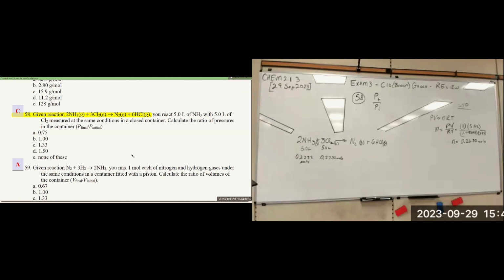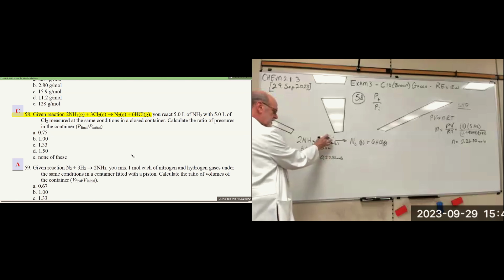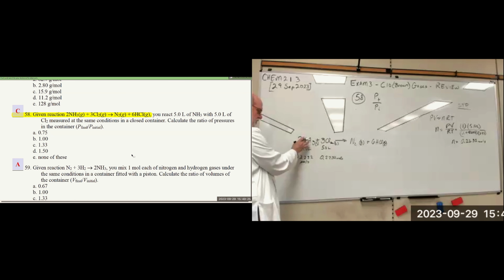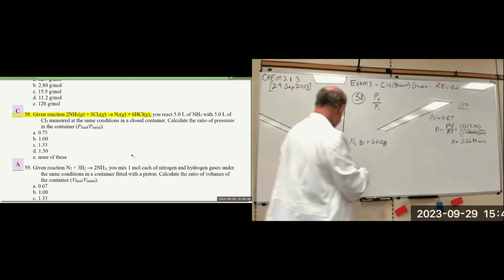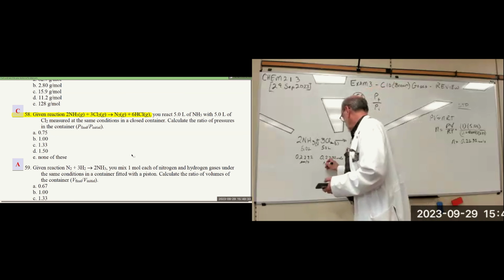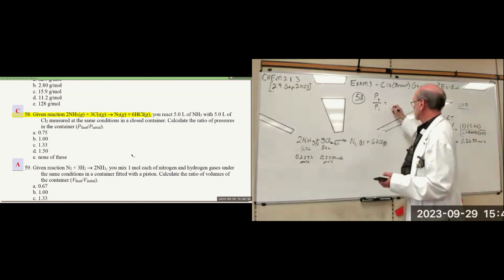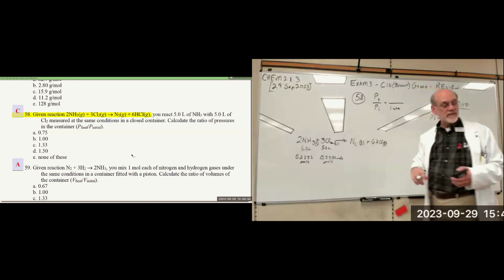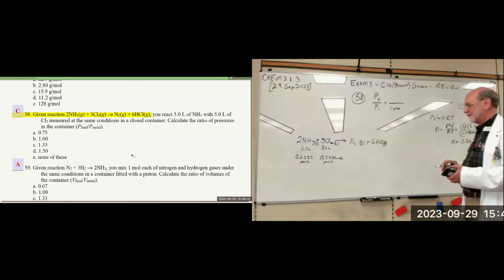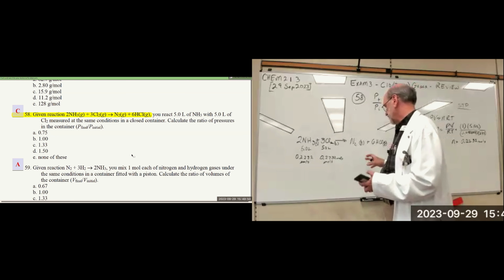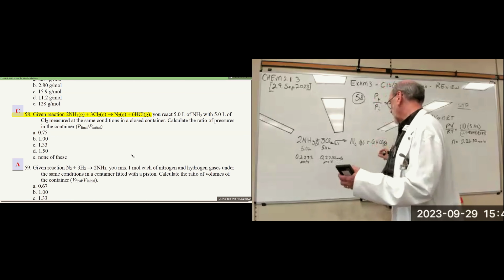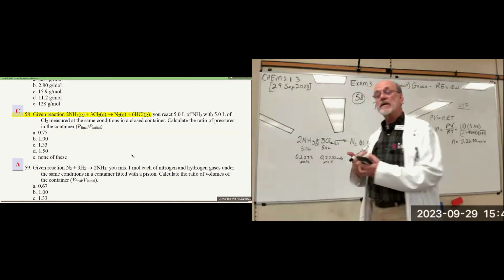Okay. We know that three of these are required for every 2 of those. Right, so we're going to use up all of this. And we are assuming that the initial pressure is standard pressure, 1 atmosphere.